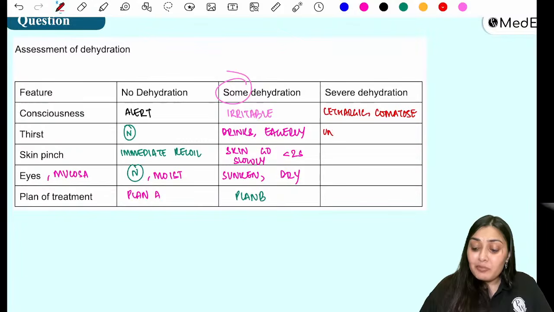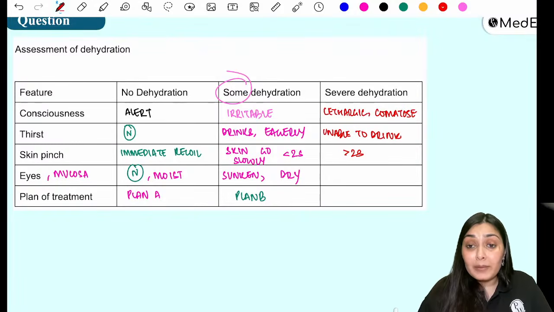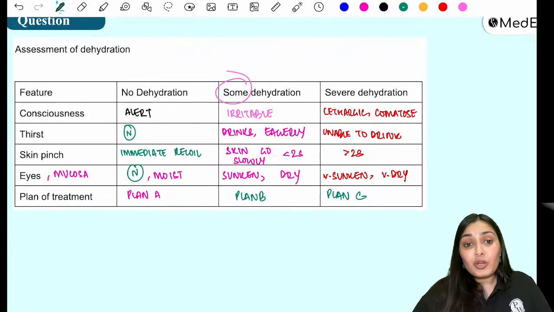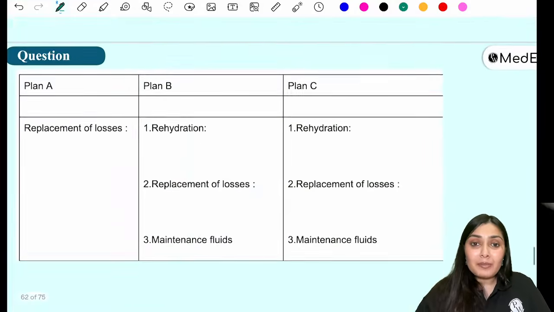So he is unable to drink. Skin pinch will go back very slowly, more than 2 seconds for recoil. Eyes look very sunken. Mucosa will be very dry. Here we go for plan C. So now let's look at plan A, plan B, plan C.